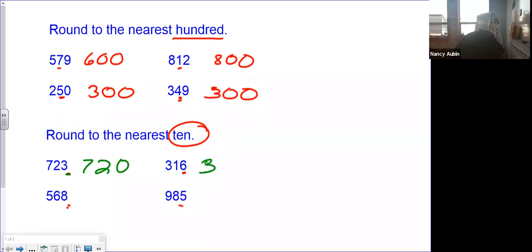Ding, ding, ding. Nicely done. Josh Lewis, 568. Is he here? He just went to the restroom. Surnay, 568. There's an 8 in the ones place. Yep, 570. You guys are good.